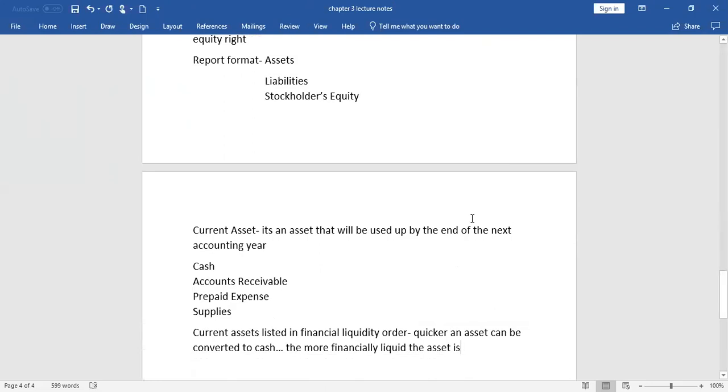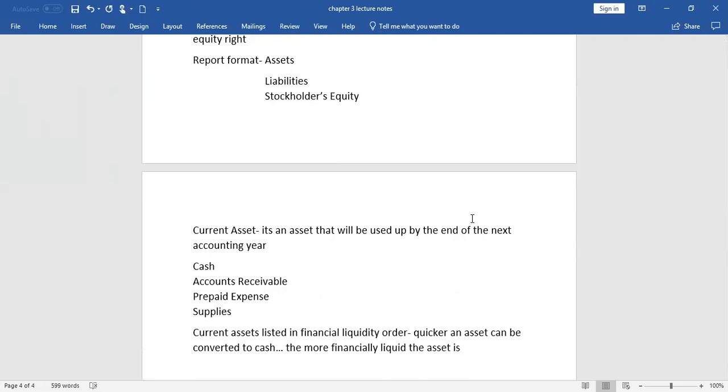So we've got to kind of rank them. Cash can't get any more like cash, can it? It's already in that form, so that's why it's always listed first. Usually accounts receivable is the next asset in financially liquid assets, meaning it can be converted pretty quickly to cash, more quickly than prepaid expenses or supplies.